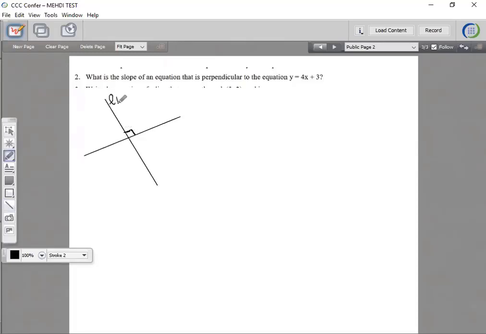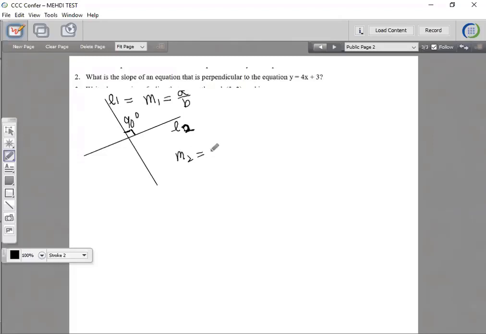Let's say this is line L1 and this is L2, and they make a 90 degree angle here. Can somebody tell me, if the slope of the first line is a over b, what the slope of the second line would be if they're perpendicular? Anybody know? The relationship between their slopes.